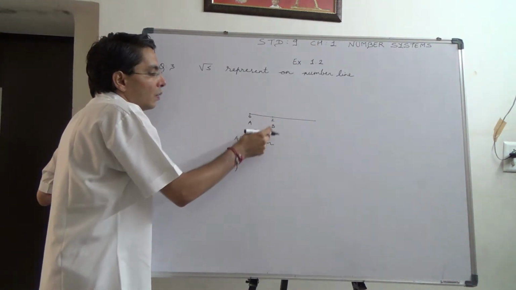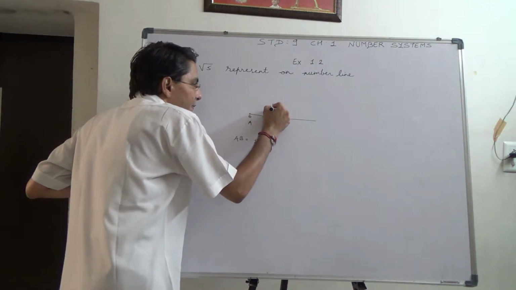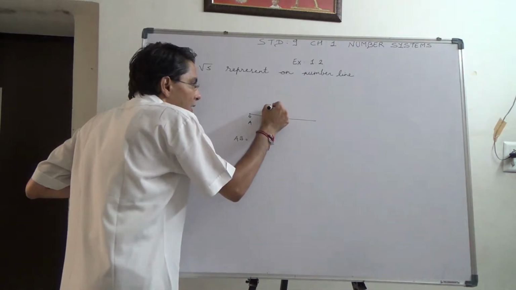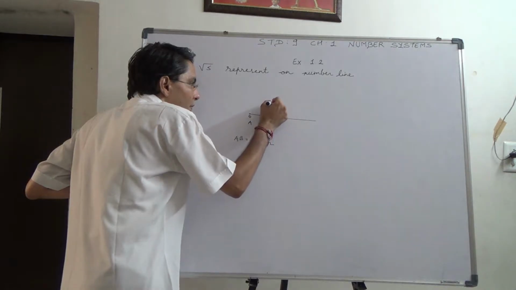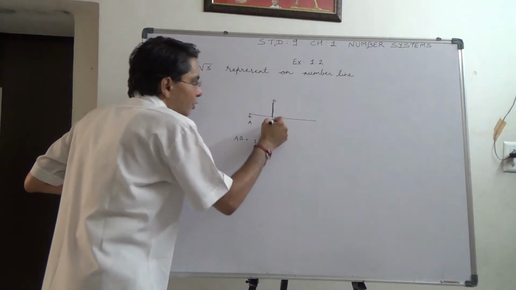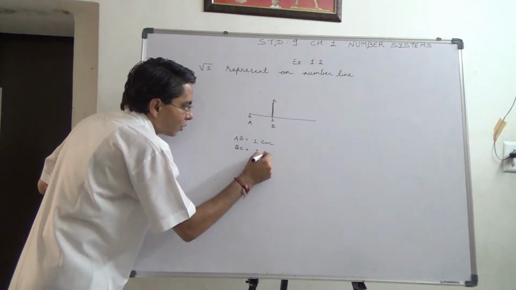So first 1 centimeter, and if I take another straight line of 1 centimeter, suppose, so our BC is also 1 centimeter.